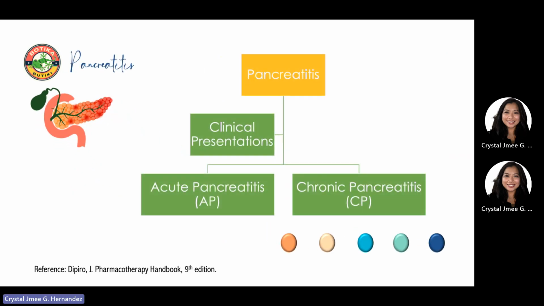Now, for clinical presentations, there are noteworthy differences between AP and CP. The initial presentation of AP will range from moderate abdominal discomfort to excruciating pain, shock, and respiratory distress.